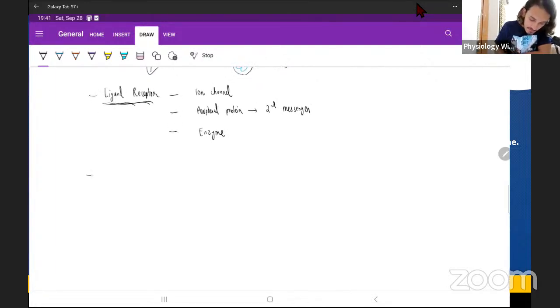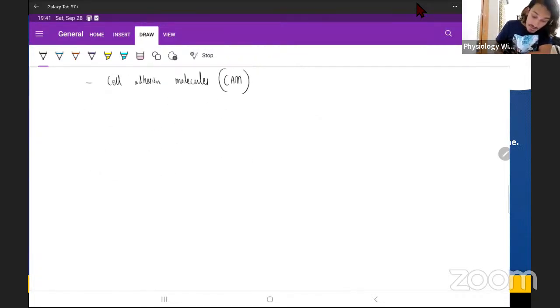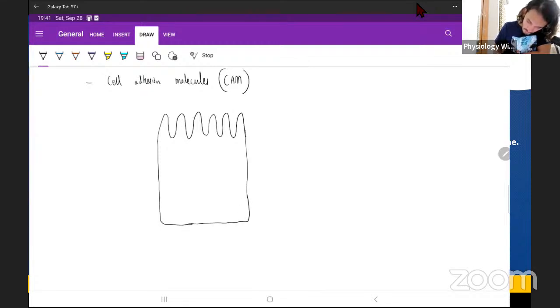Second function is cell adhesion molecules, CAM, cell adhesion molecules. So I'm going to just draw one cell over here. Right next to the cell, I'm going to put another cell.